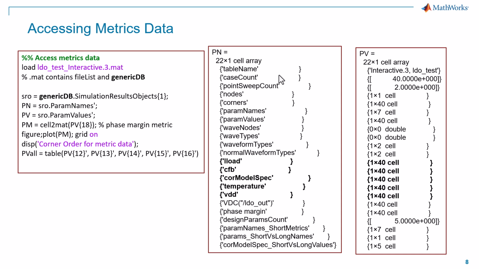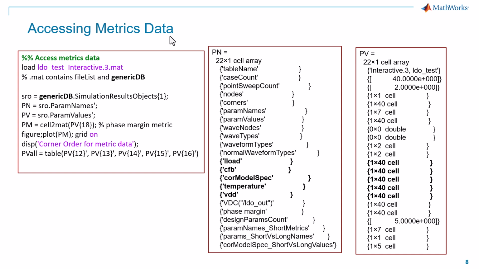Okay, the next capability I want to talk about is how to access the metrics data. One thing to keep in mind, whether it's accessing waveform data or metrics data, is that what I'm showing you here is essentially an undocumented capability. In the future, it may become a documented capability, but at present in R2023B, it is not.